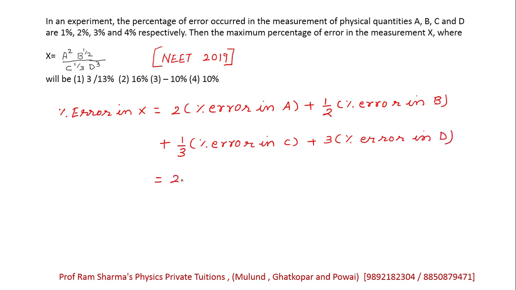We are given everything. 2 into 1% plus half into 2% plus 1 by 3 into 3% plus 3 into 4%. So this will be equal to 2 plus 1, 3, 4 and 12. So 4 and 12 will be 16%. So this is the answer.